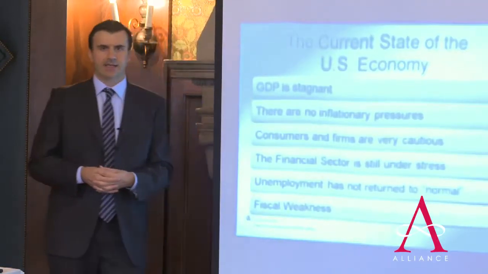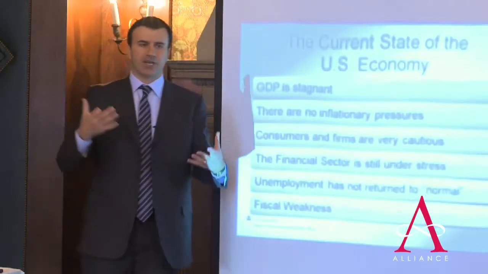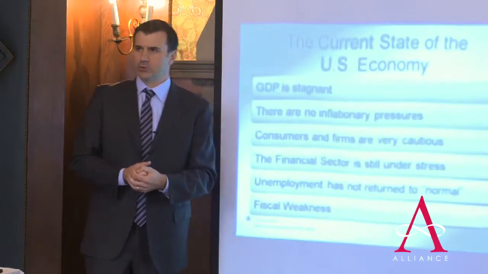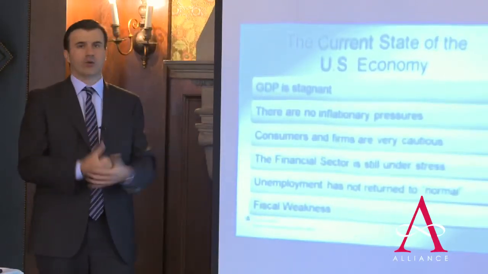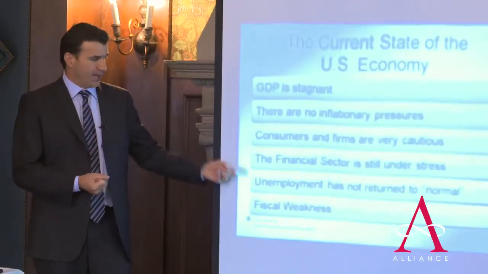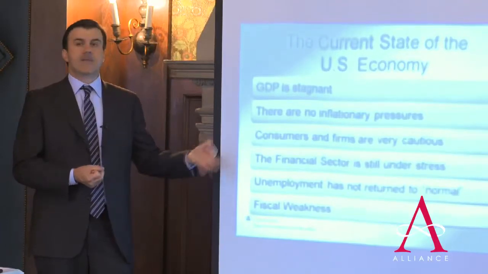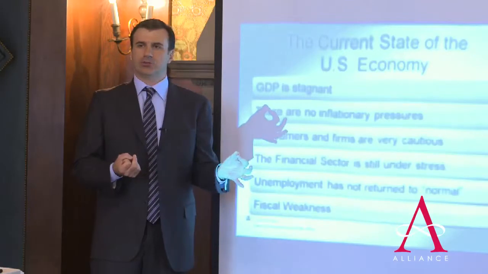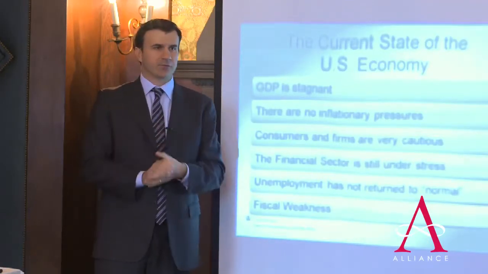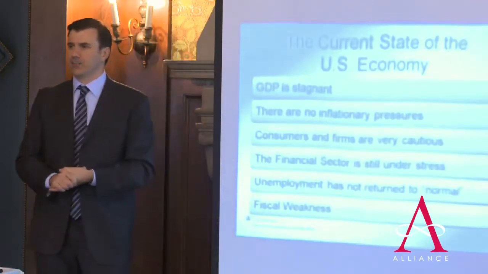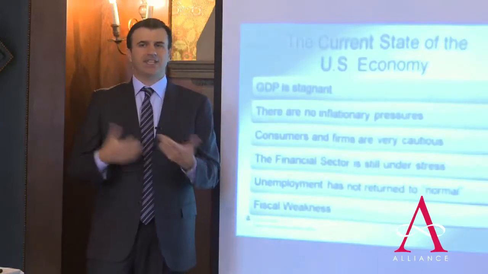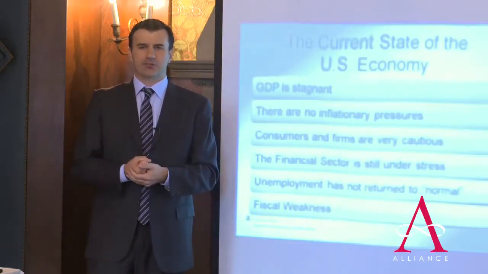And the financial sector, perhaps with the linkages with Europe, the global economy is definitely under a lot of stress. And so banks are potentially a source of significant uncertainty to the whole global economy and the US economy in particular. Unemployment, which is actually more specific about the US, has not returned to normal. As you saw more or less from the graph that I showed you at the very beginning, unemployment is still very high, it's still close to 10%, and it doesn't show a significant trend for an improvement.